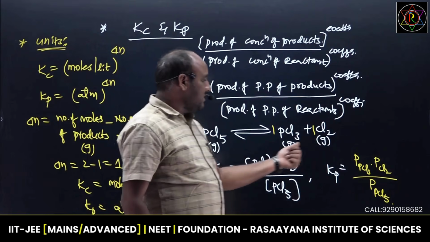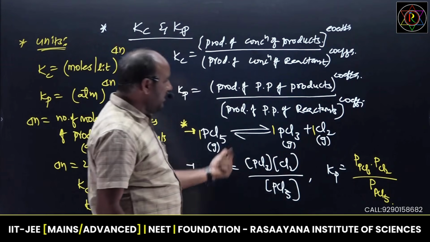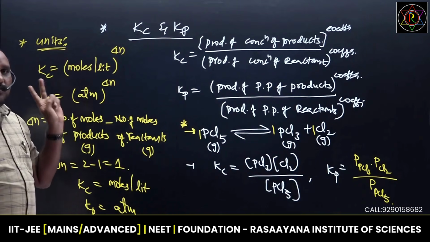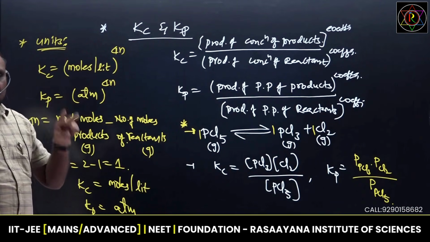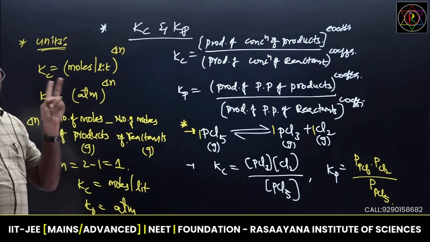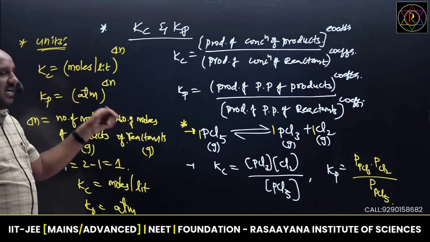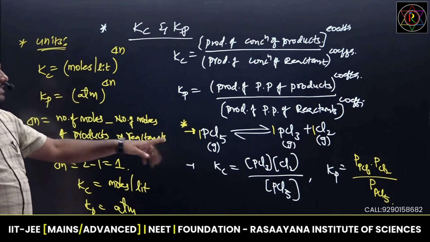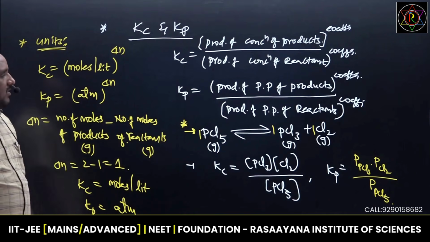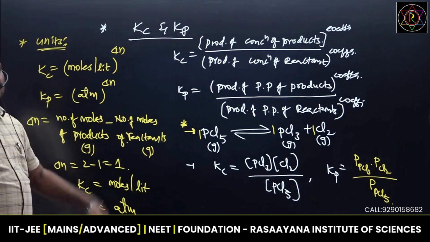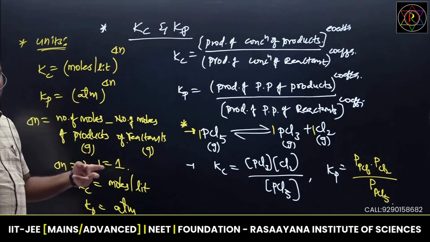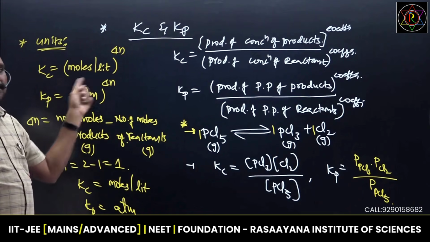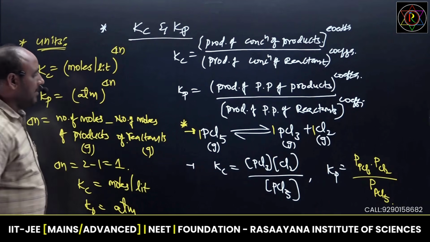Here we have to remember one more point: for pure solids and liquids, the concentration as well as the partial pressure is considered as unity, so there is no need to consider those terms in the equilibrium constant. We can apply Kc and Kp to various reactions involving gases, liquids and solids.